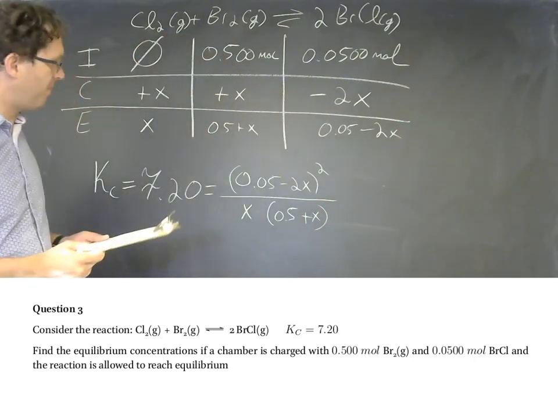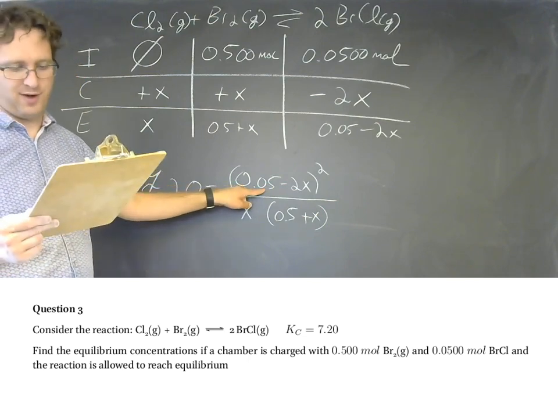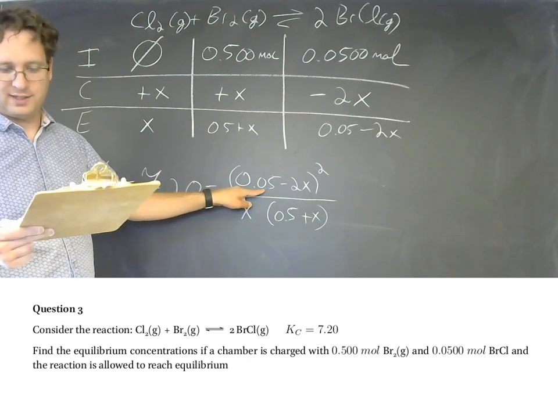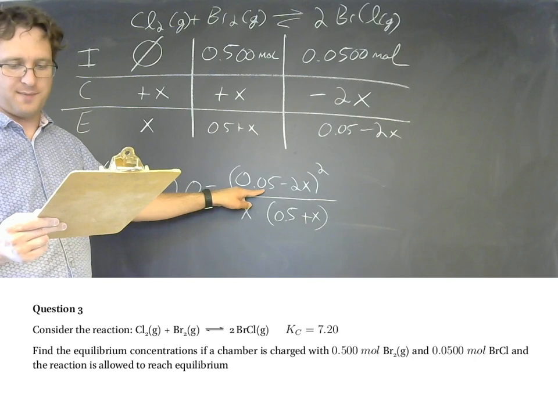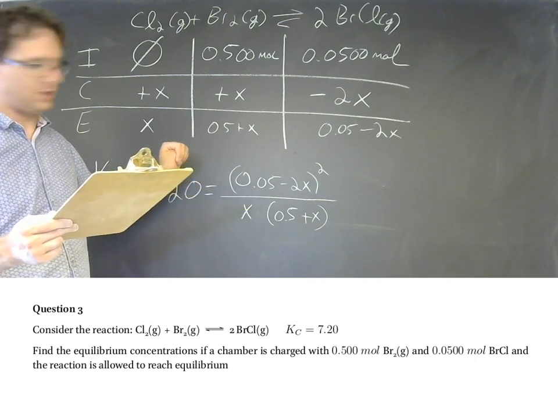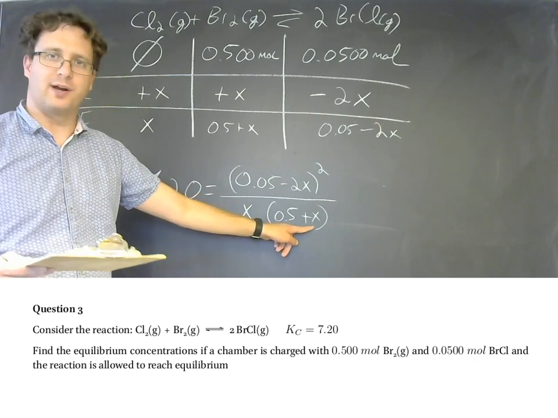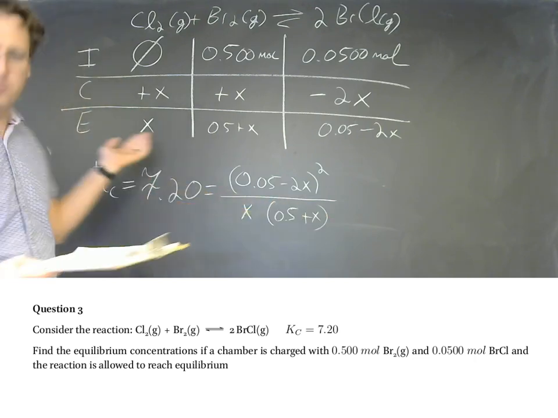Now, x is going to be smaller than 0.05. At the very least, we know that x will be reasonable to ignore here. And that would make this a little bit easier to solve.